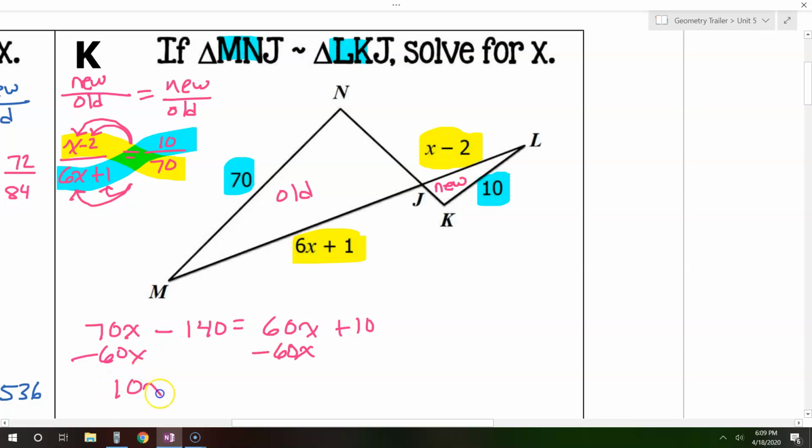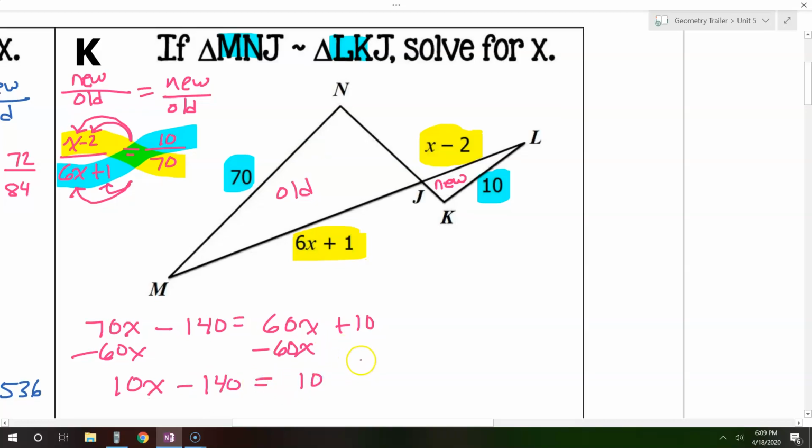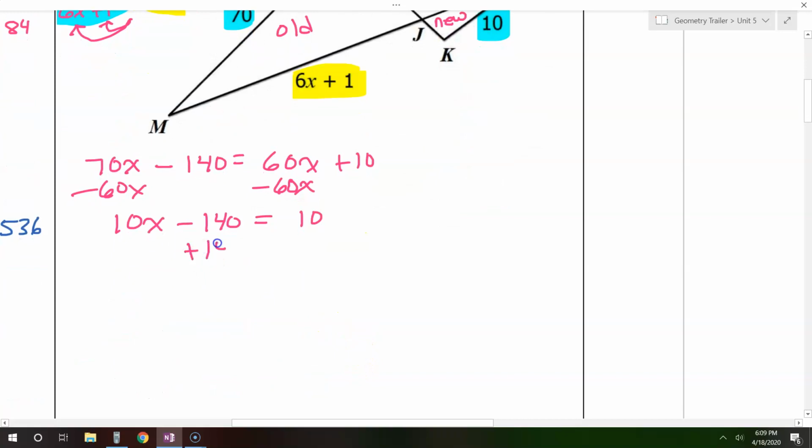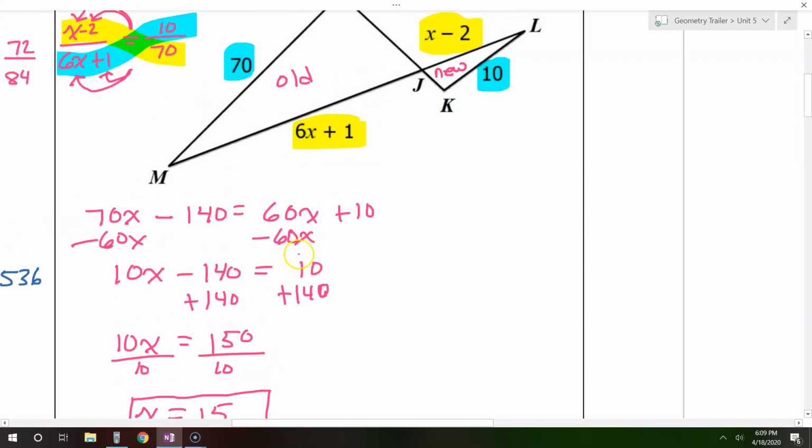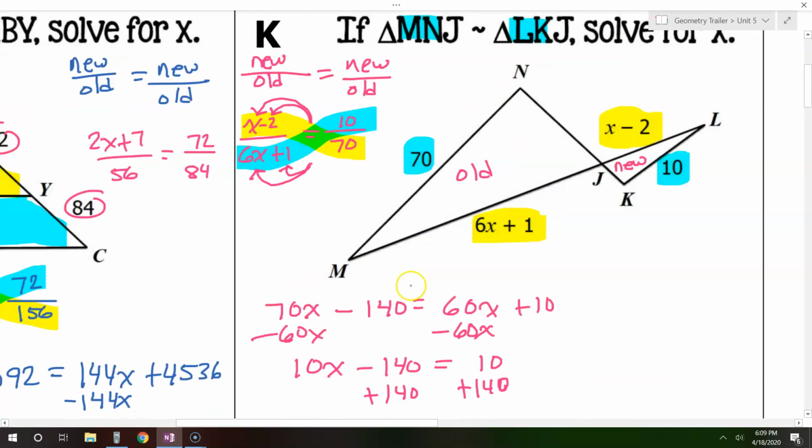So that'll be 10x minus 140 is equal to 10. Adding 140 to both sides, I'm going to get 10x is equal to 150. And then if we divide both sides by 10, I'm going to get x is equal to 15. Is that all we were being asked to find? Yes, solve for x, that's it.